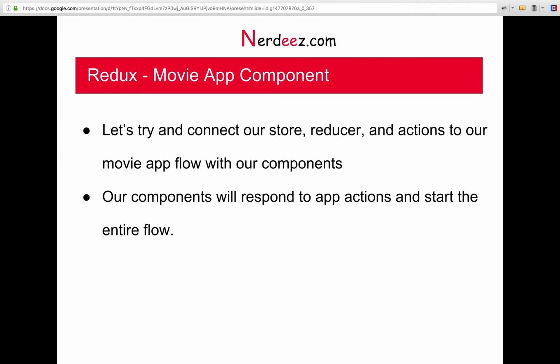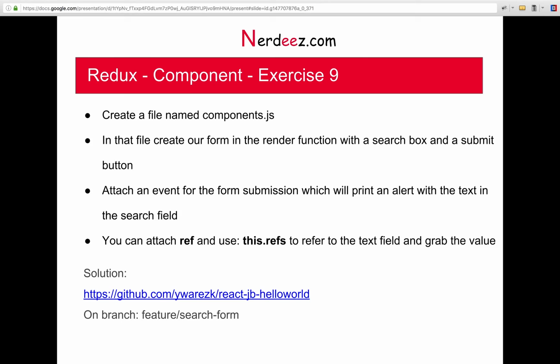Okay, let's try to connect our store, reducer and action with our movie app flow by creating components. Our components will respond to user events like clicking the search submit button and start the entire flow of our app. So in the following exercise, you will have to create a file named components.js.